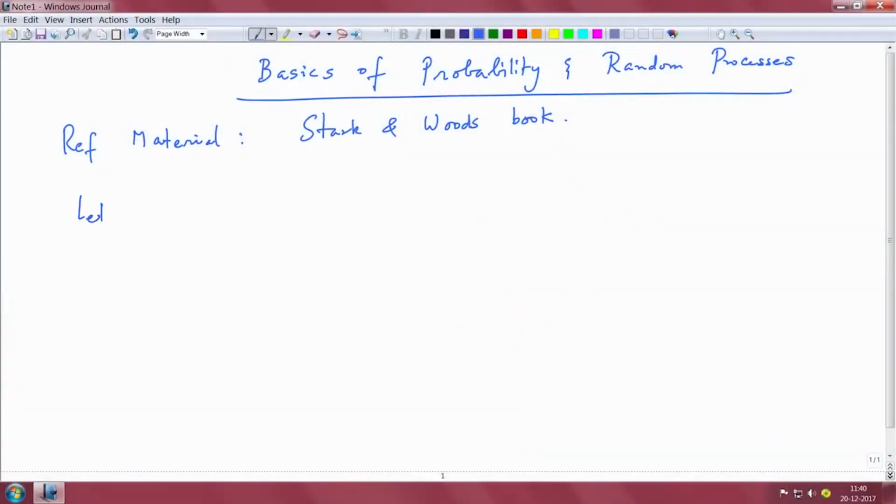Okay. So, let us first understand what a probability space is, and for which we have to formally get into the details.